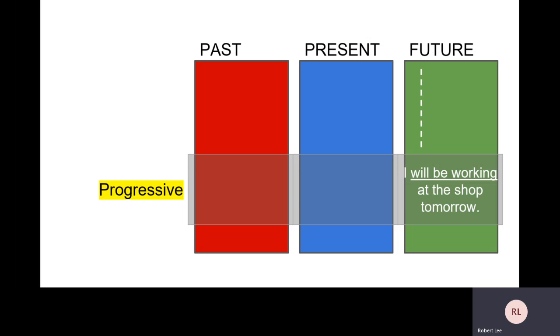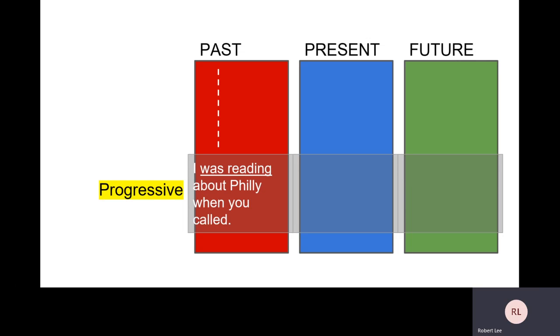So let's quickly go back, and I want you to think about the time words that indicate whether it will be talking about the past tense, or the present tense, or the future tense.